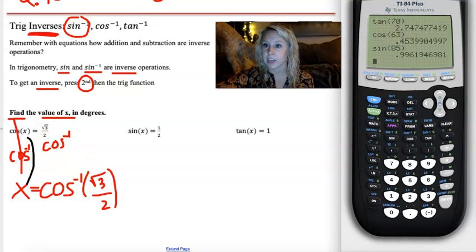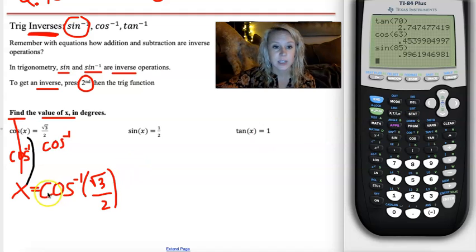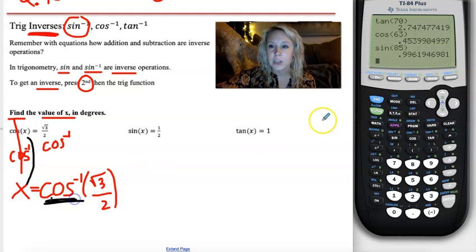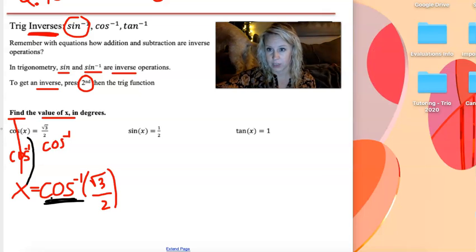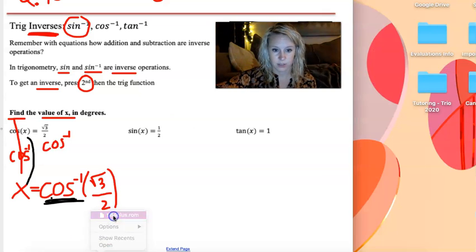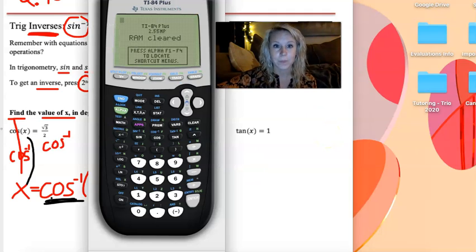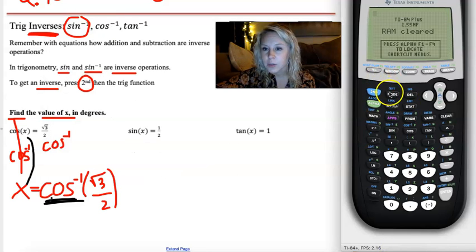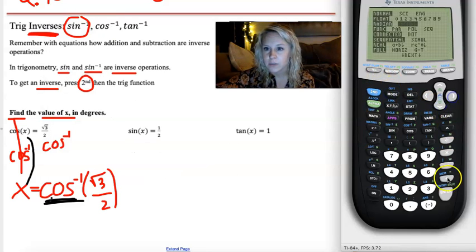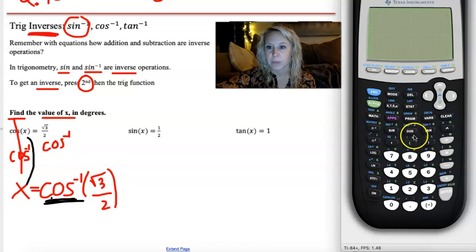So let's do that together. First, to get cosine -1, you hit second, cosine -1. My calculator's not working. Mode. Okay, so hit second, cosine. Now I need to type in a fraction.